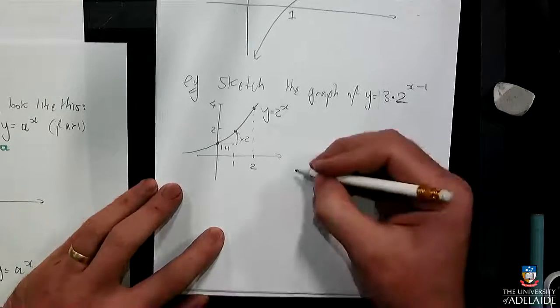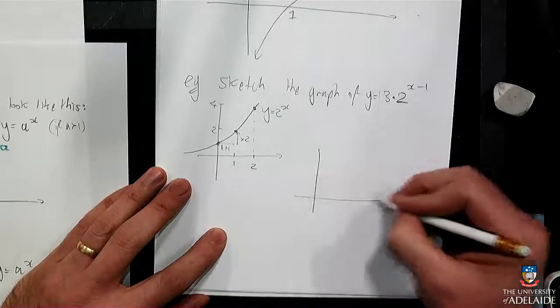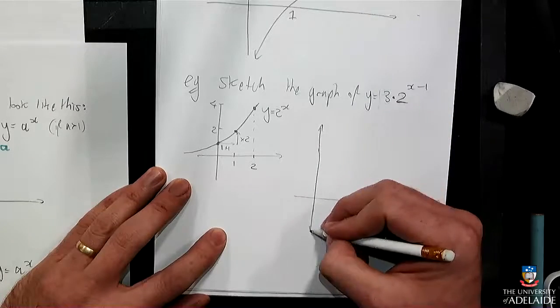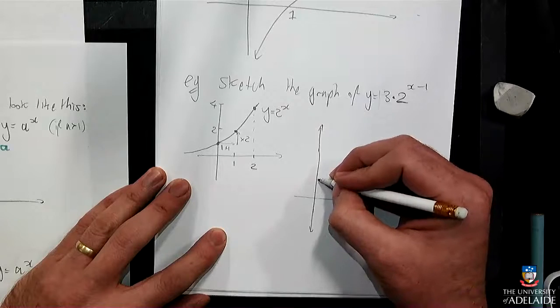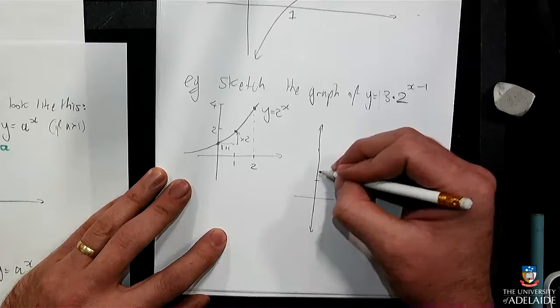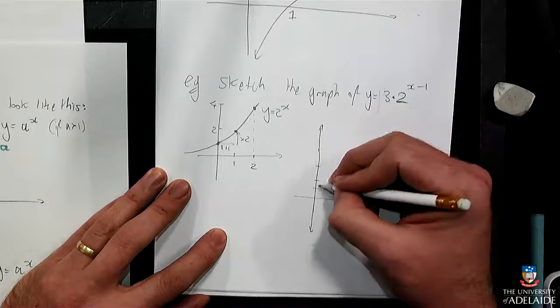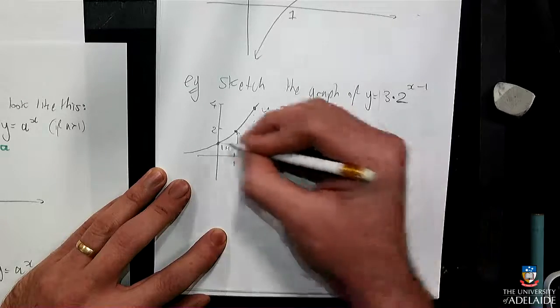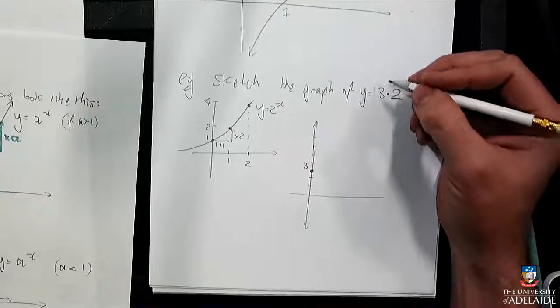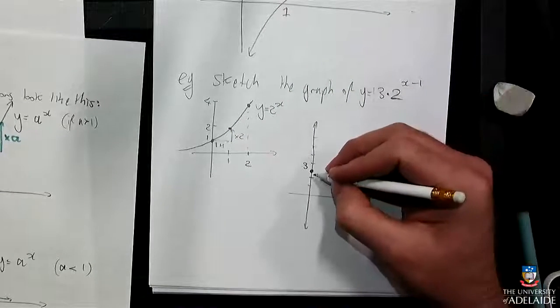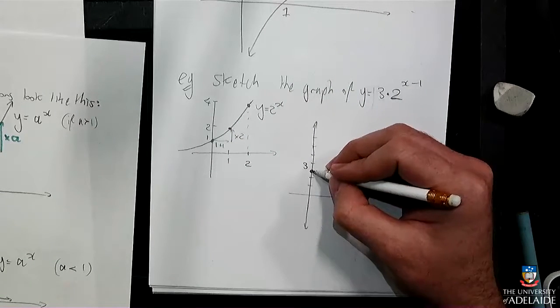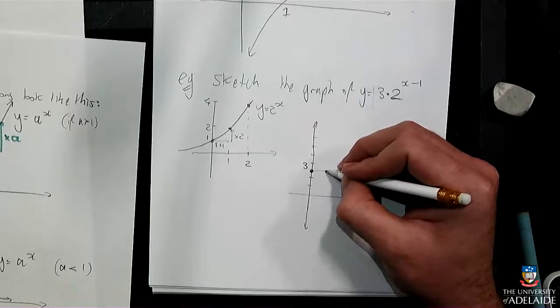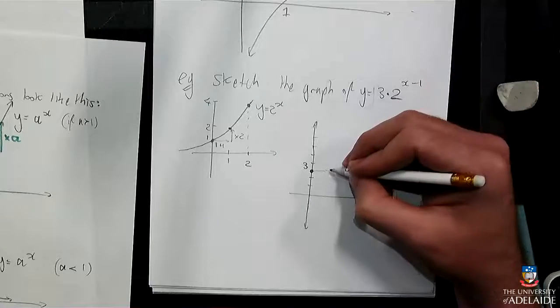So this one will go up to 3, right? It was at 1, and now I might have to fit a few more in. And now it's at 3. But it's still going to have the property that when I go up by 1, I'm still going to multiply by 2, because that's how the powers work.